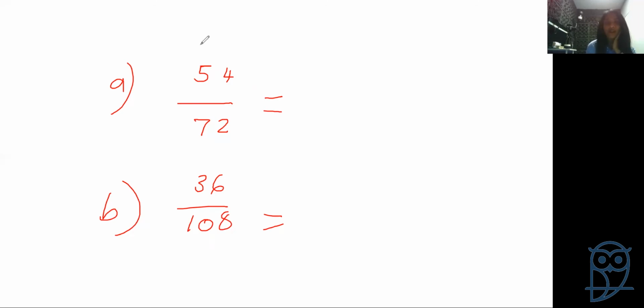Okay, if I divide 54 by 9 and I divide 72 by 9, my answer should be: 54 divided by 9 should be 6, and 72 divided by 9 should be 8. And therefore, to simplify it further, I divide by 2. So I divide by 2 and I divide by 2.